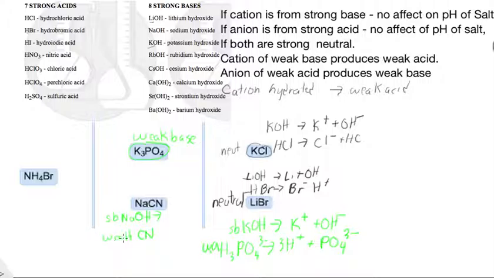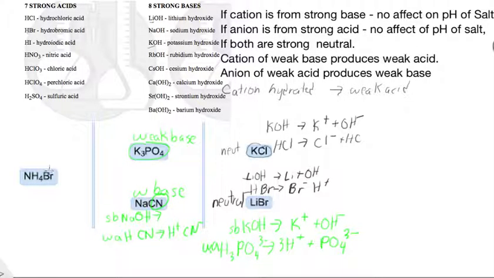Weak acid makes the salt into a weak base. So the anion can be derived from a weak acid. Okay, this is a weak acid, so this means the salt is a weak base.